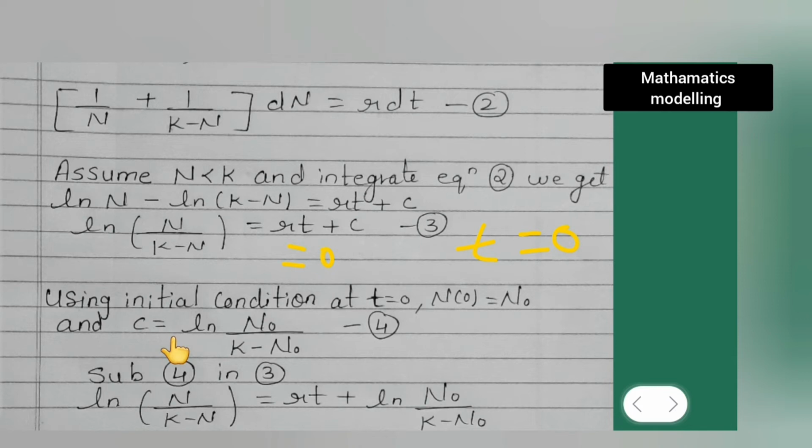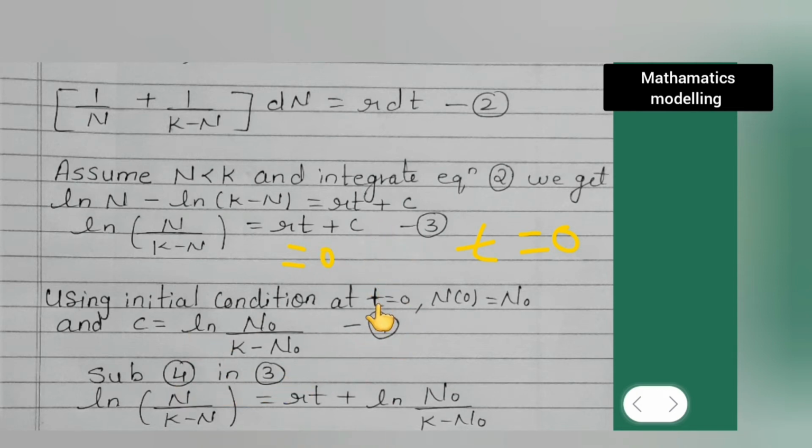So write C is equal to ln of N naught upon (k minus N naught). Wherever there is N, I have to plug in the value N naught. Then substitute 4 in 3. You have to substitute the value of C from 4 in this 3.